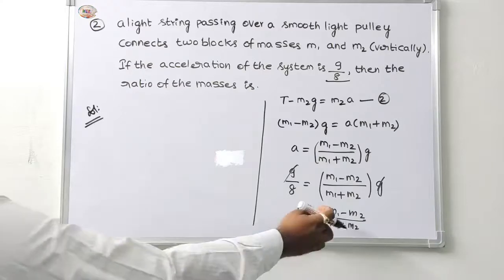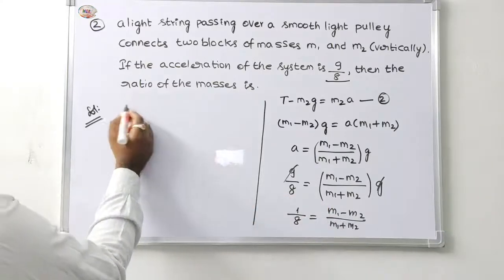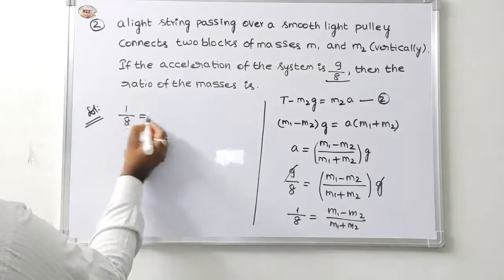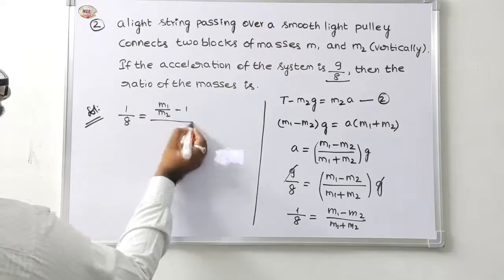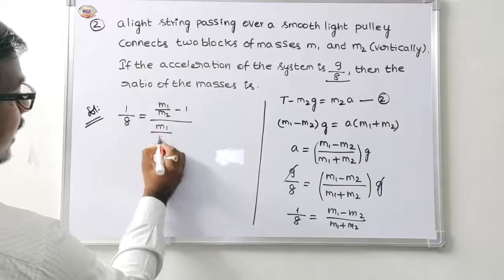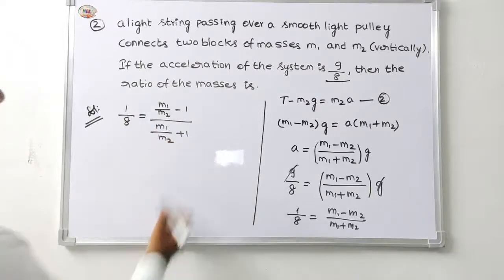Here m2 is common, so 1 by 8 is equal to (m1 by m2 minus 1) by (m1 by m2 plus 1).